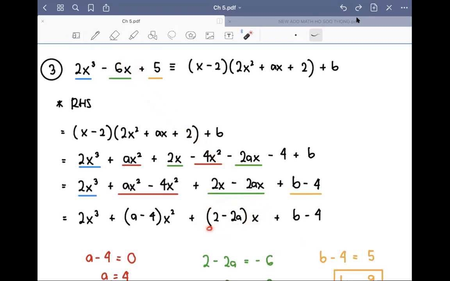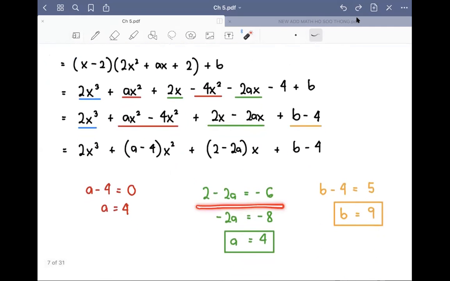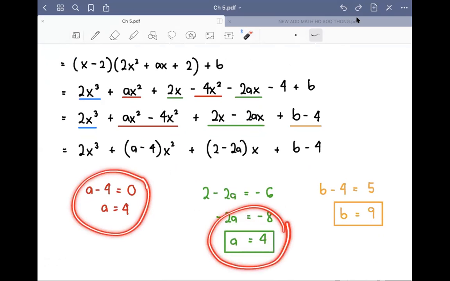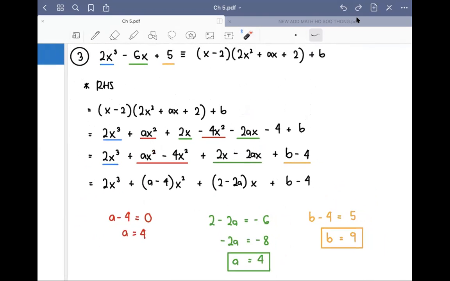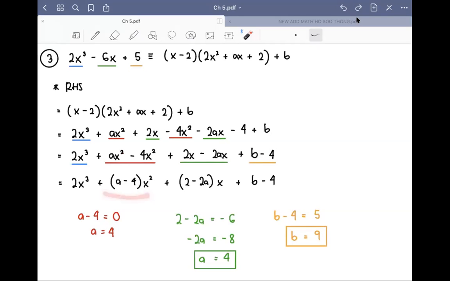The coefficient of this is 2 minus 2a, and the coefficient of this is minus 6. So when you solve this, you will also get a is equal to 4. So yeah, there are two ways of getting the value of a. It's up to you which one you want to use.